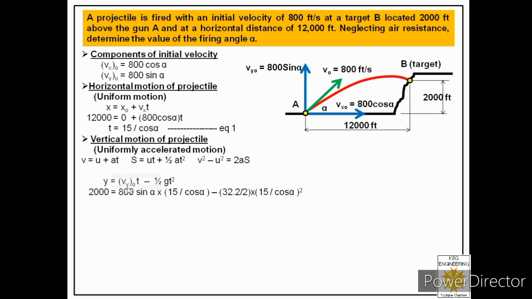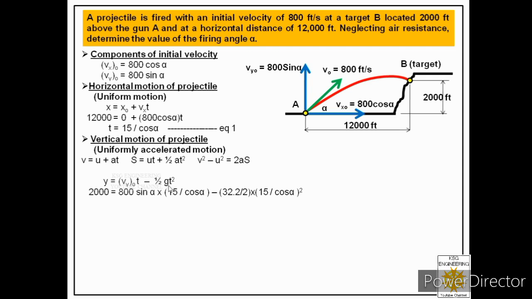Next we have entered the value of vy naught as 800 sine alpha, and the value of t over here is 15 divided by cos alpha from equation 1, and we are solving in feet system, so that means we have to consider the value of g as 32.2 feet per second square.